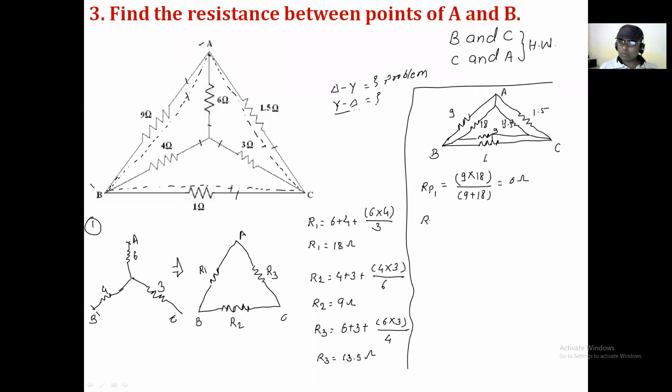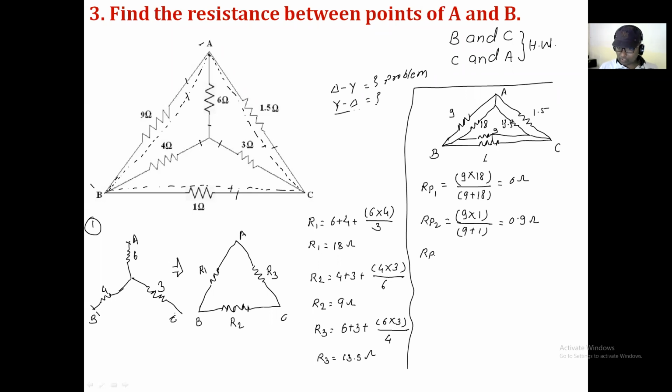Then RP2 is equal to this 9 and 1. 9 multiplied by 1 divided by 9 plus 1. I think it comes 0.9 ohm because 9 divided by 10. Okay.